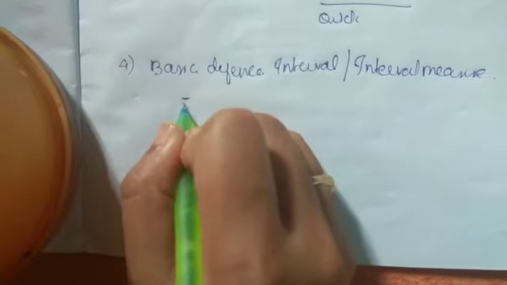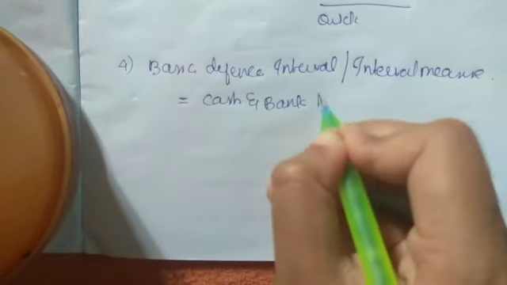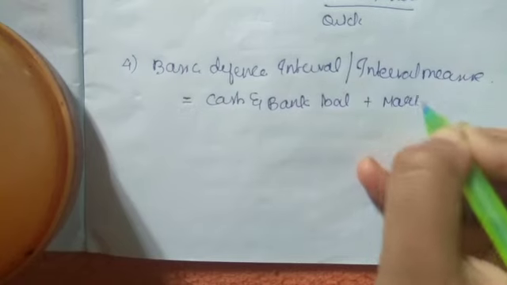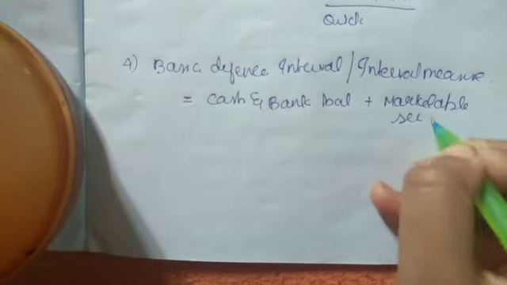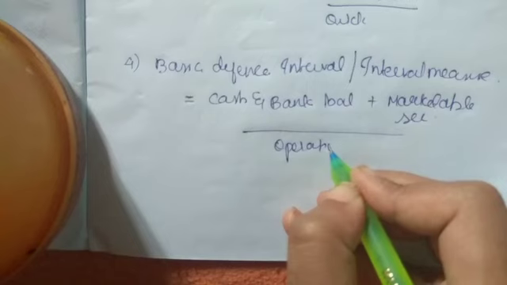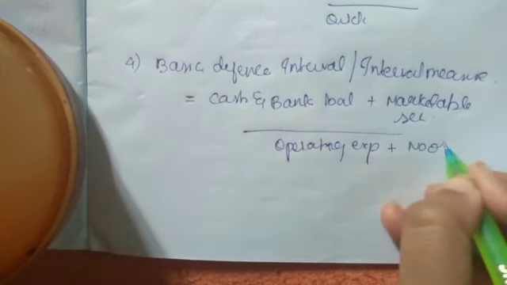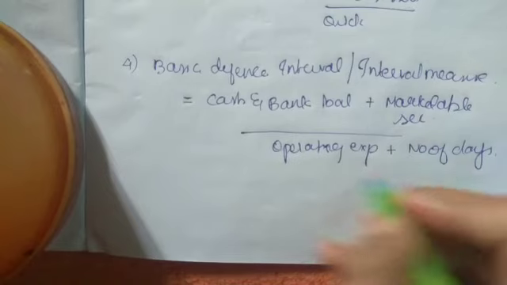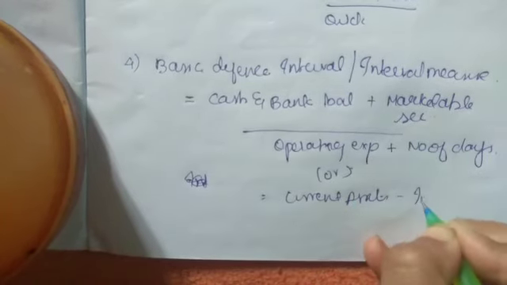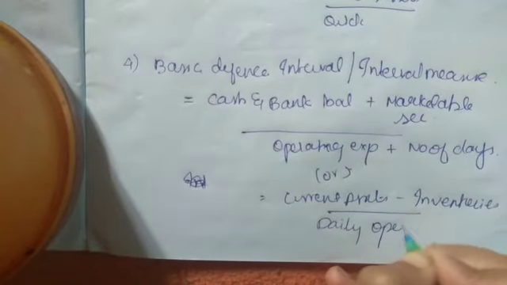It is equal to cash and bank balances plus marketable securities divided by operating expenses plus number of days, or there's another formula: current assets minus inventories divided by daily operating expenses.